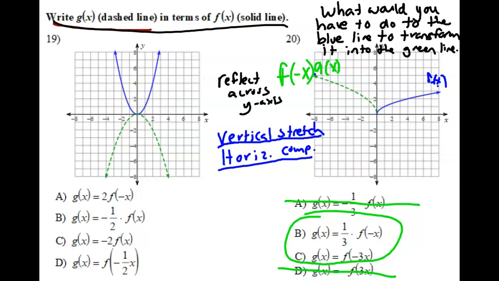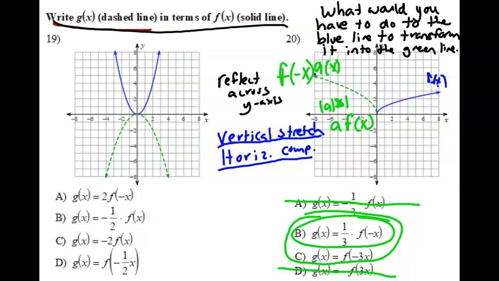Now the next thing is it would have to be either a vertical stretch or a horizontal compression. A vertical stretch is where you have a number multiplying outside your function, and that number is greater than 1, my bad. So for this one here, we do have a number outside the parentheses multiplying it, but it's not greater than 1.